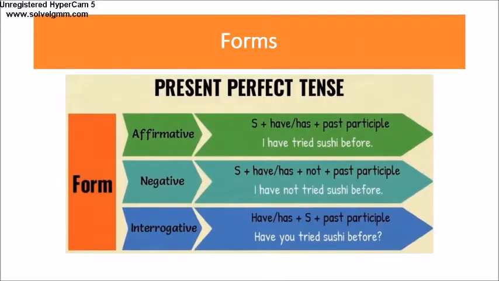Let's move on to the forms of the present perfect tense and the rules they are made. Here you can see the three forms and a simple description how we make them. A detailed description with examples will follow.